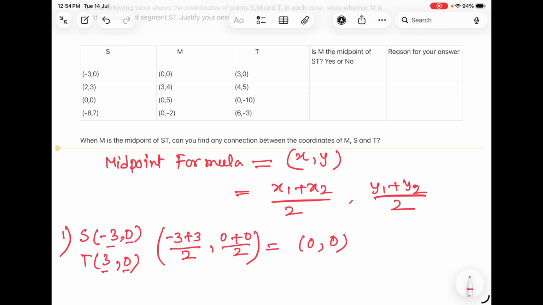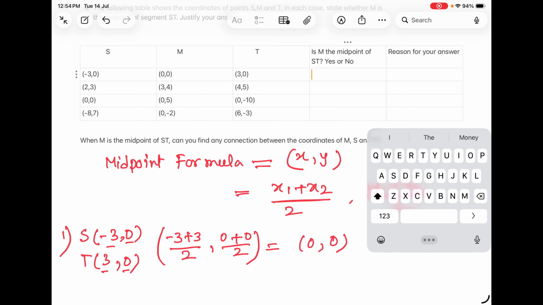Is M the midpoint of ST? Yes, your answer is yes. Next, the reason for your answer: by the midpoint formula.